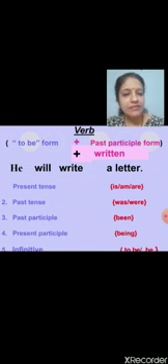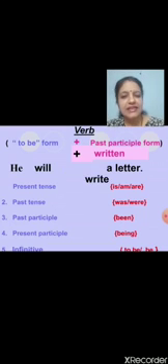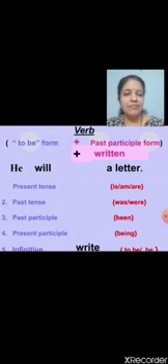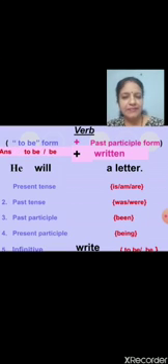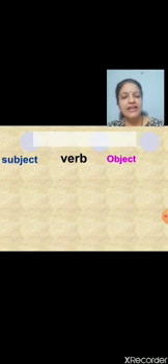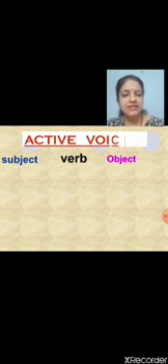So, what is the main verb? Write. It's in the, correct, it's in the infinitive form in this sentence. So, we will use to be or be along with written. Very good, children.